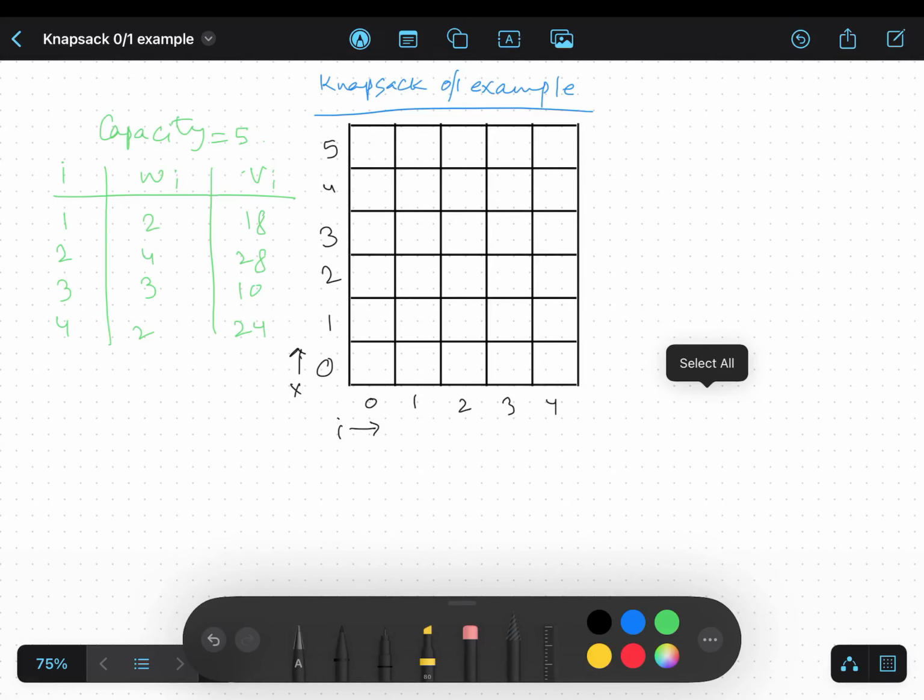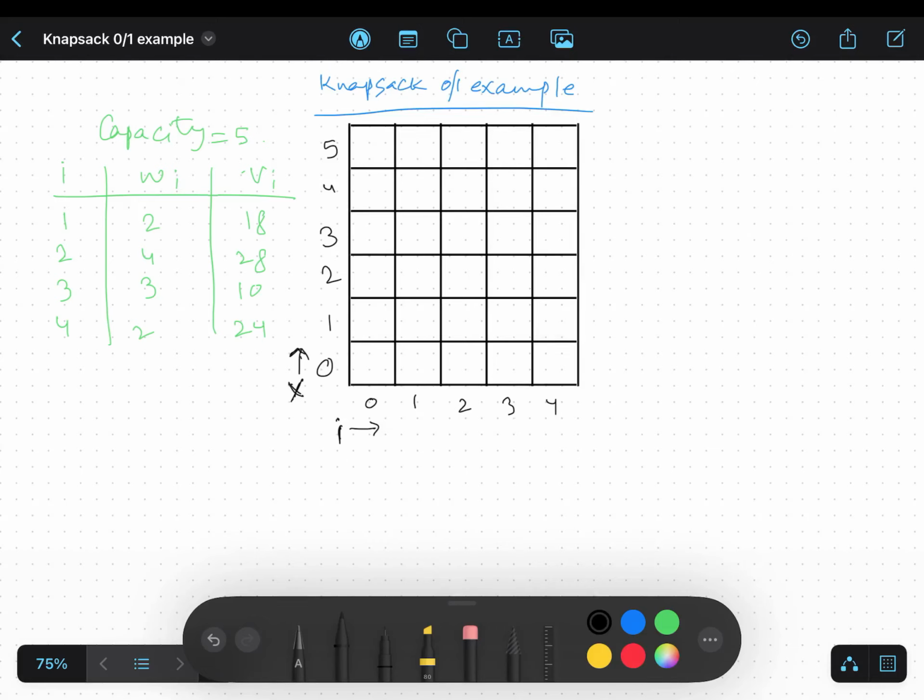And as we did in our previous session, we are going to denote the items by I and we are going to denote the capacity by X. So we are going to go from 0 to the capacity of the knapsack, and on the x-axis for I we are going from 0 to number of items, which is 4.